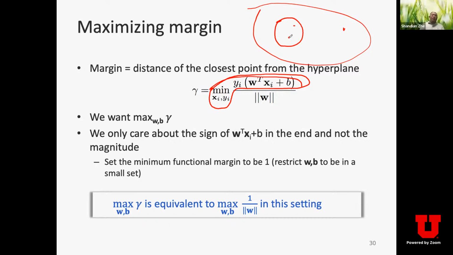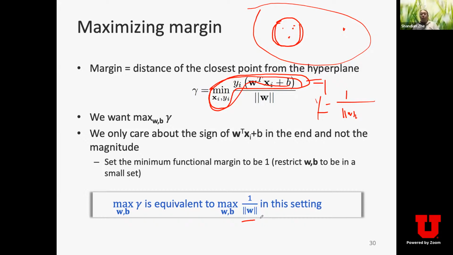Okay, so what's the benefit? If we restrict our search space to this subset of WB, that means for any candidate WB here, its minimum function margin is always 1. That means your margin is always 1 over the norm of W. You don't need to conduct explicit minimization in the second level. Then maximizing the margin is equivalent to maximizing 1 over the norm of W. You get rid of the discrete optimization step.